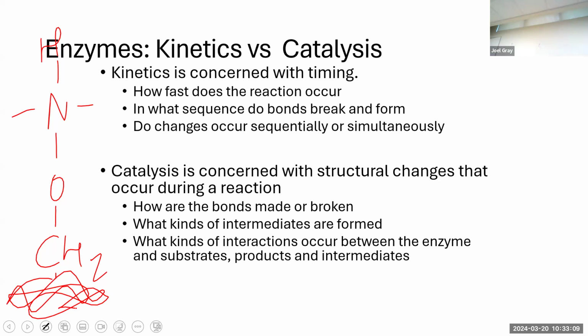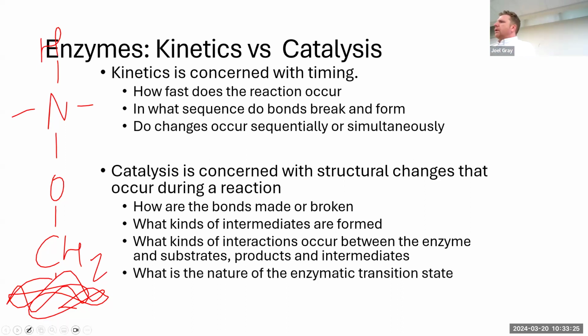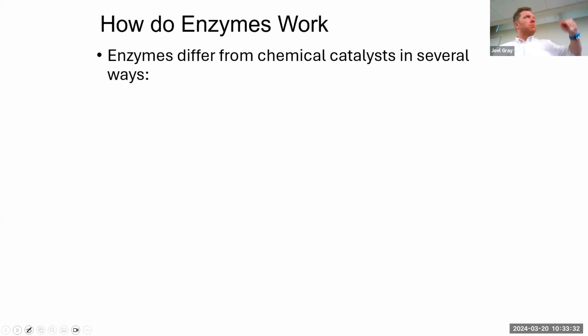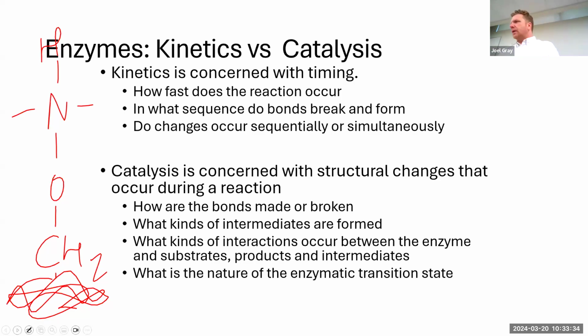So when we talk about catalytic mechanisms, we want to know about, well, does this type of bond form? If the answer is yes, well, then that would be how we classify that mechanism. Does that make sense? So those are the sorts of things that we're interested in. We'll dig into that a little bit as we proceed as well.